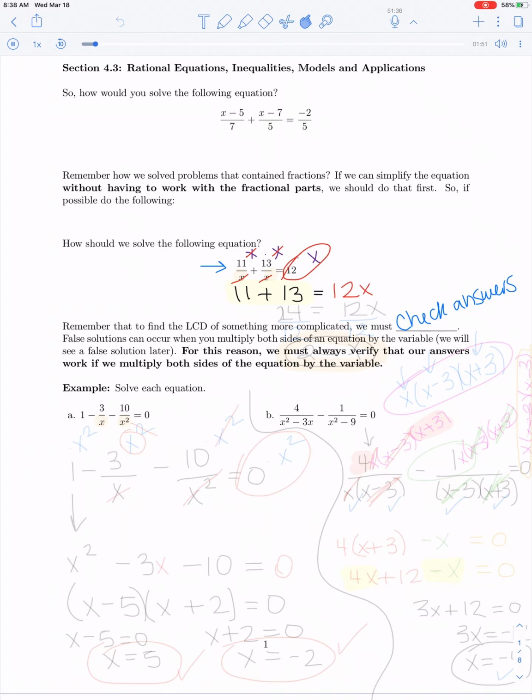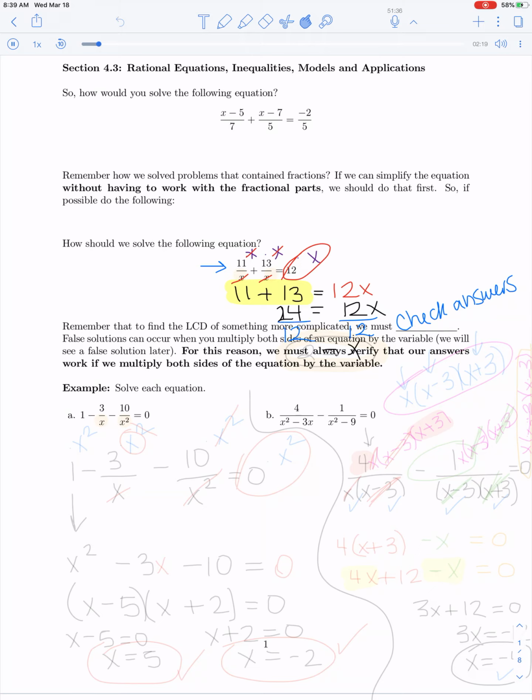Then it becomes just a normal equation where we can combine like terms, where 11 plus 13 is going to give us 24, equals 12x. And we'll divide both sides by 12 to get x equals 2.